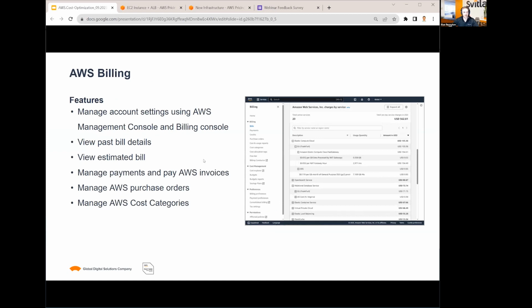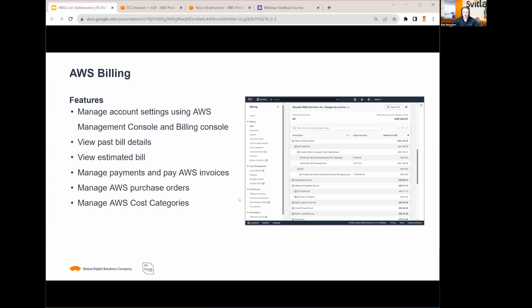The first of these tools is AWS Billing, where we are able to see the previous or estimated bill for the current month. It contains quite detailed calculations. In this example on the screen, we see that we could drill down, expand the list, and get quite detailed information about what we are charged for. Billing also provides invoices, payments, and allows us to control how we pay.